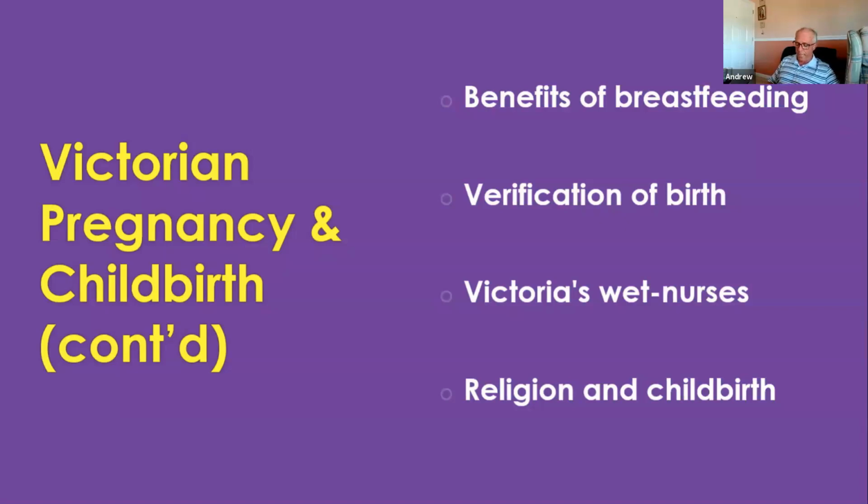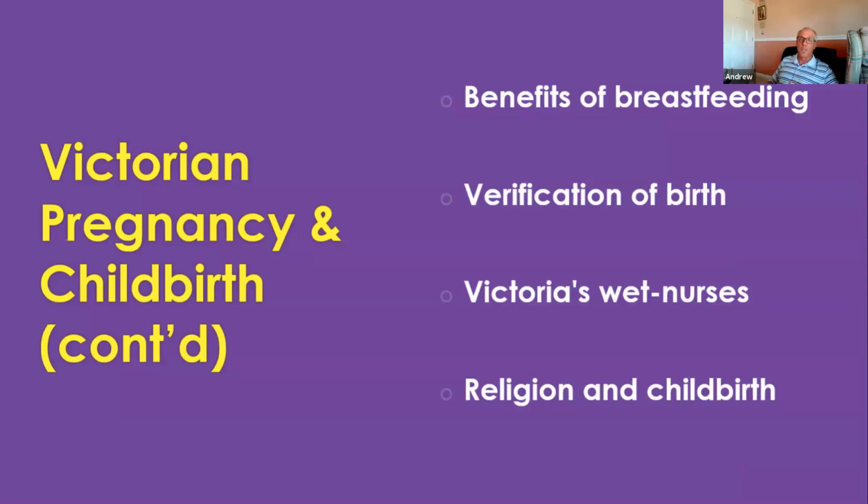There's a law in England at this time that when somebody in the line of succession is born, there has to be actual physical verification of that birth by a government minister in the room where the childbirth is taking place, so that child can be verified as the actual child that came from the mother.